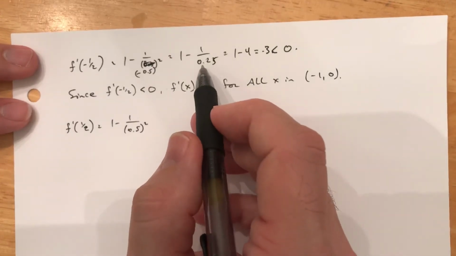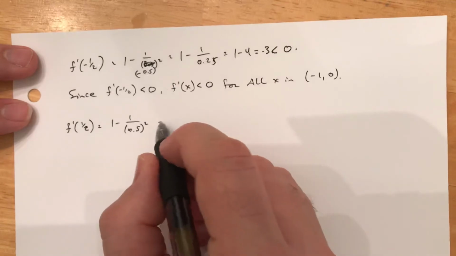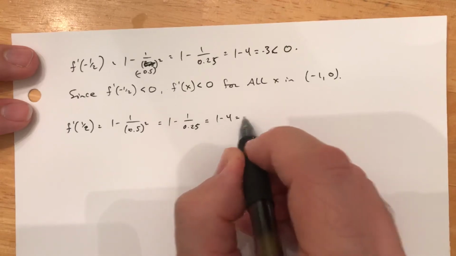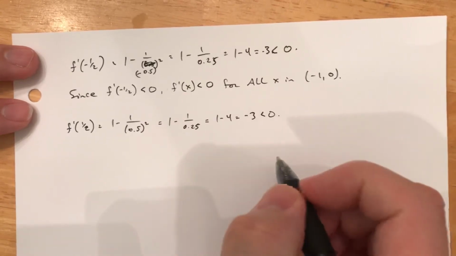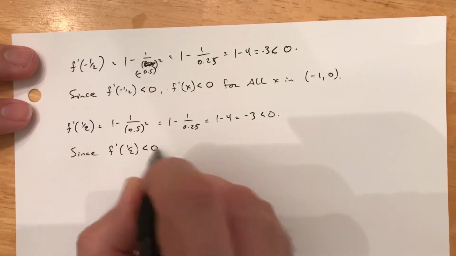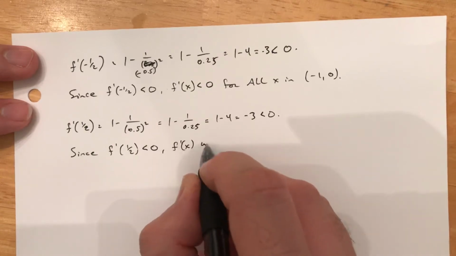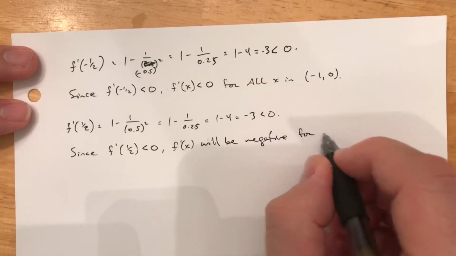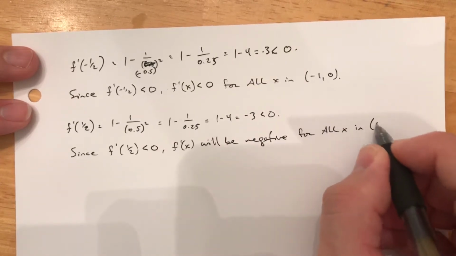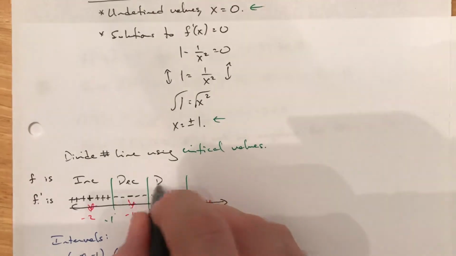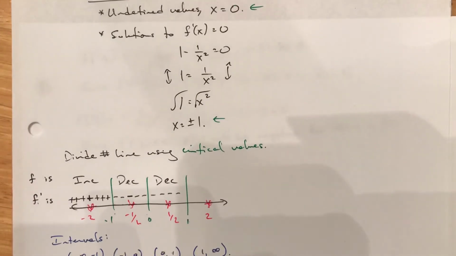But when we square 0.5, or when we square negative 0.5, we're going to get the same thing. 1 minus 1 over 0.25 is 1 minus 4, which is negative 3. That's less than 0. And since f prime of a half is negative, f prime of x will be negative for all x in that interval from 0 to 1. And we'll include that in our little chart. F is still decreasing.